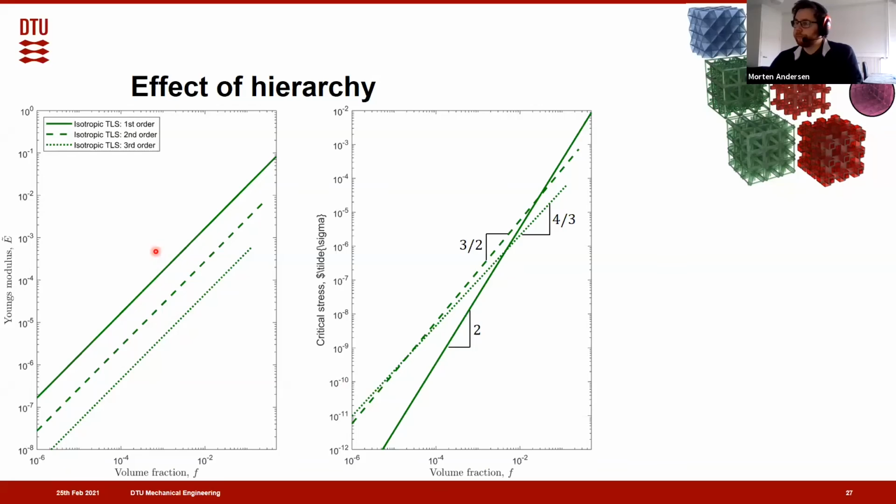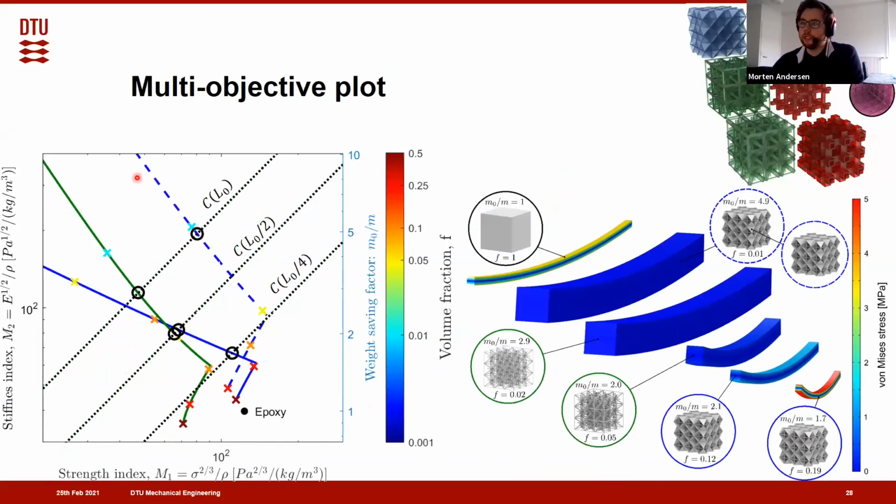But yes, so if we then account for this hierarchy in the Ashby plot, we can actually see here that as this has an exponent of 3, it actually has a great benefit from going to a hierarchical version of it.